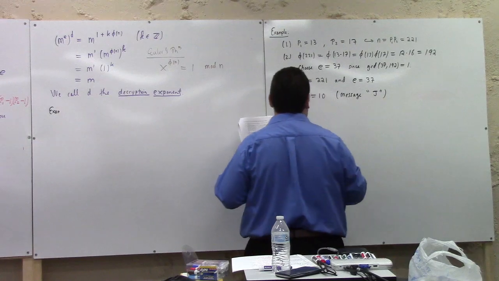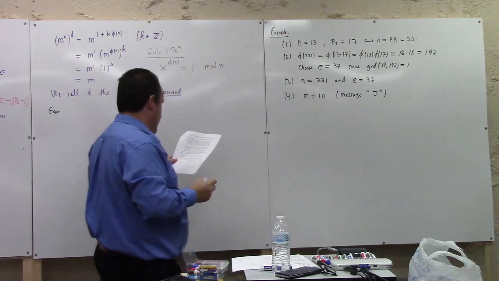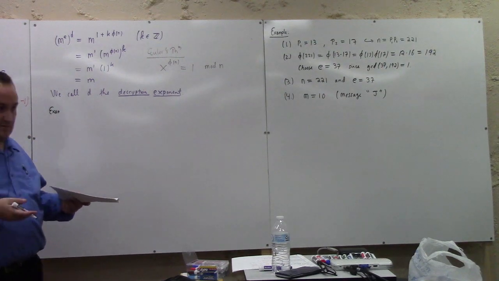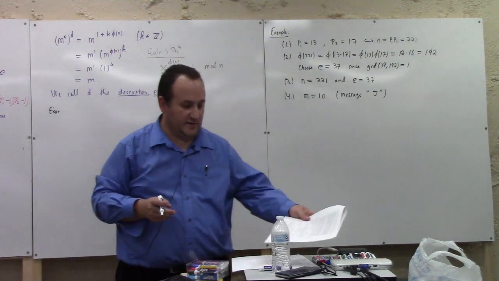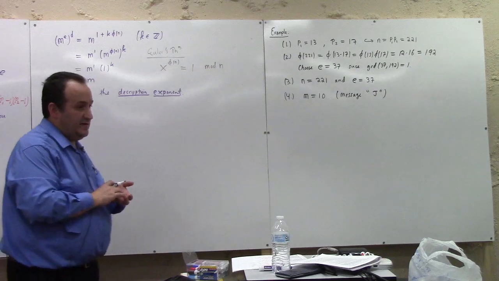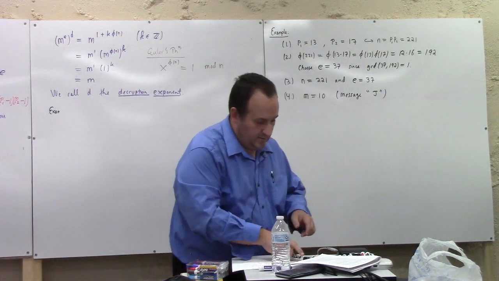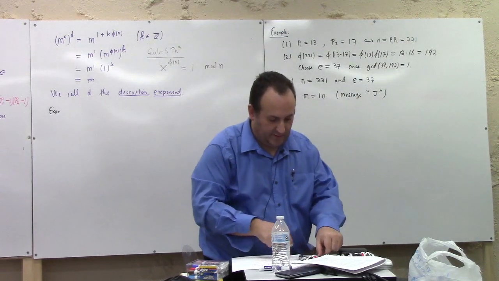My friend is then going to encrypt that message. Now here's where the calculation gets a little messy, because this is where the rubber hits the road, whatever you want to say.